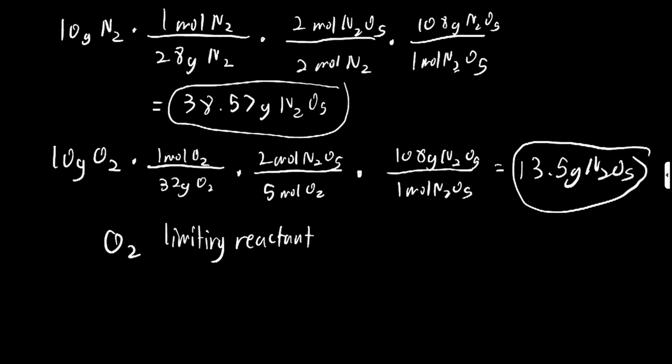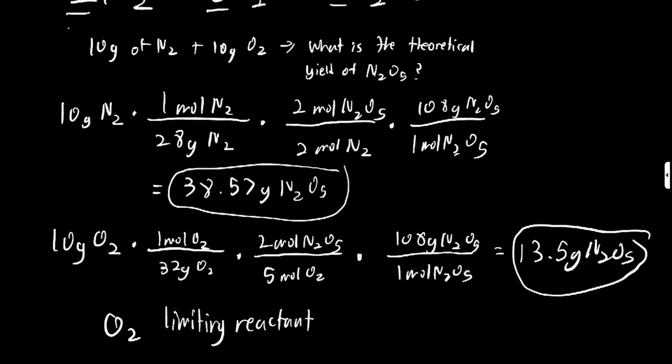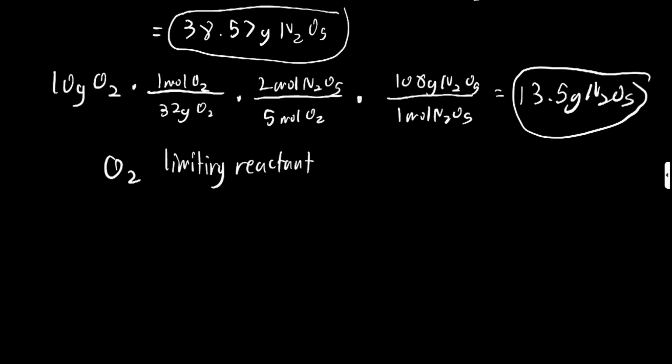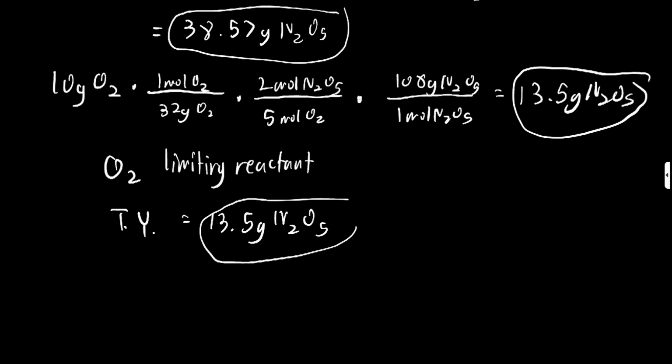And so if O2 runs out first, this is how much product is possible, because the leftover N2, well, it's not going to react with anything. And so the theoretical yield is going to equal 13.5 grams N2O5. This would be the answer.